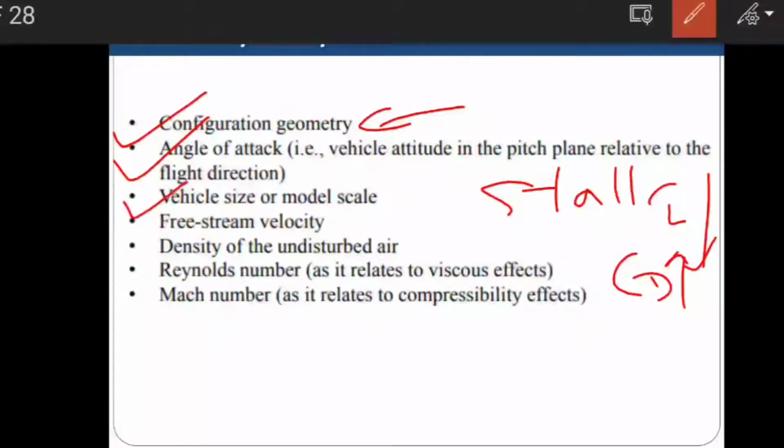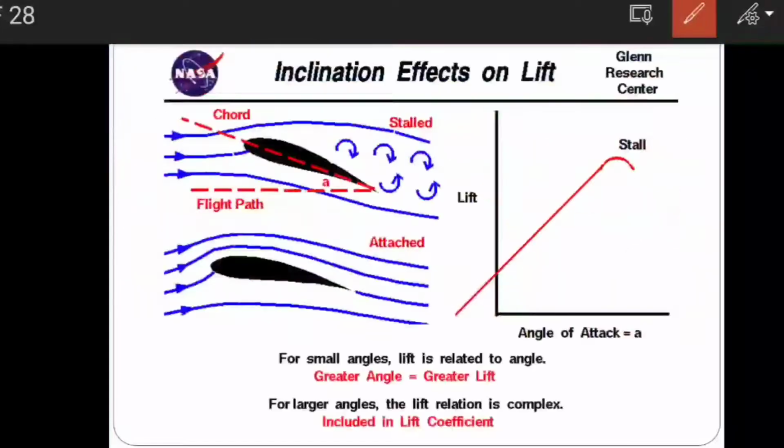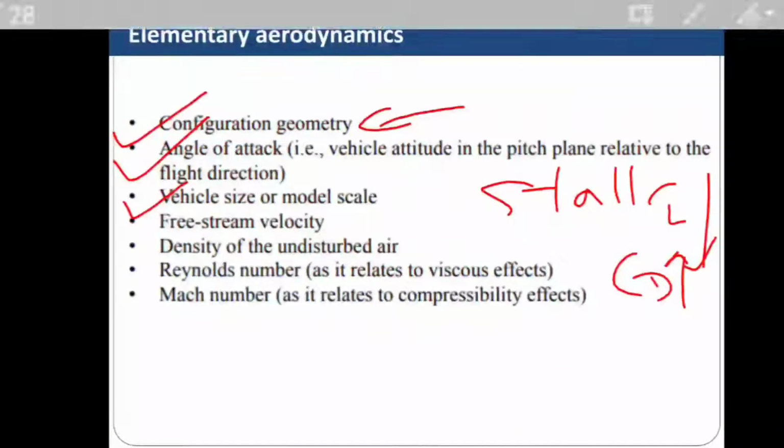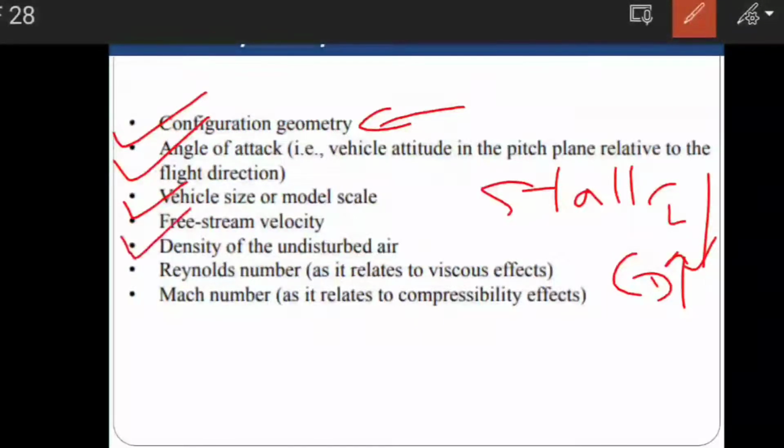Vehicle size and model scale are also very important, as they affect the aerodynamic forces. Then there are the free stream velocity, density of the undisturbed air, Reynolds number and Mach number. All these are important parameters that affect the aerodynamic properties of the aircraft.